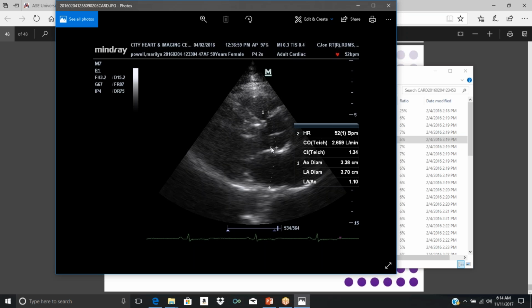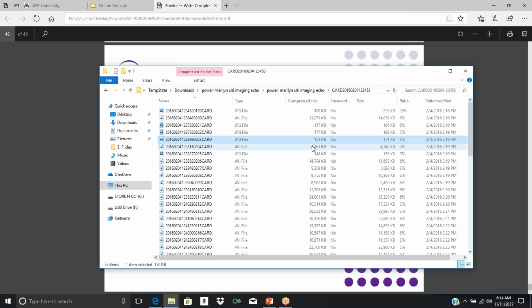So from just outside of the wall to the first portion of the wall down there. So from leading edge to leading edge. That's the current recommendation. So know the measurements you're going to do in diastole and the measurements you're going to do in systole.